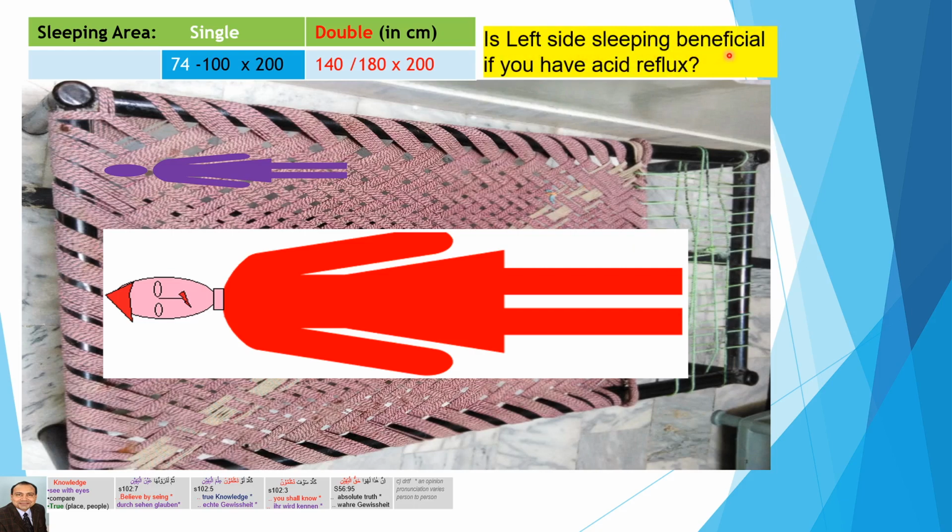Is left side sleeping beneficial if you have a stick reflex? This is a question from medicine, that either you can sleep on one side or the other side. So measure this length with centimeter or inch, other with your hand, extended hand, to learn physically how long is this side.